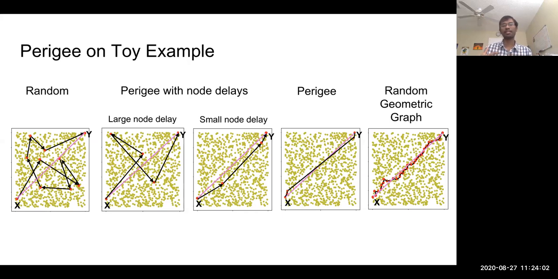Even then, Perigee adapts to this setting, and in the topology that it finds, the shortest path is still much better compared to the shortest path that we see on this random topology. So just on the star example, we can get a flavor for how, even if the network settings change, Perigee is able to automatically adapt to it and find an efficient topology.